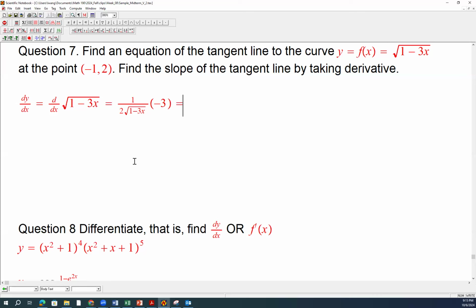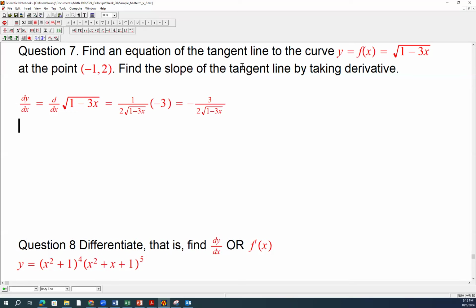So we got -3 over 2 and the root in the denominator. Okay, and then substituting for slope.